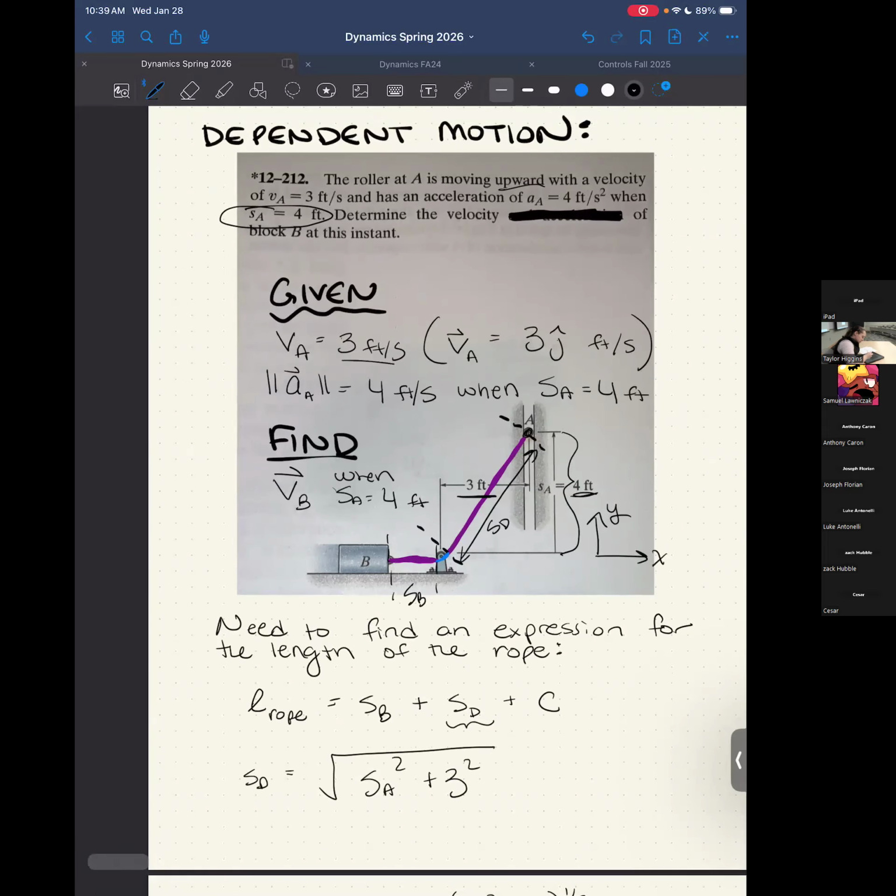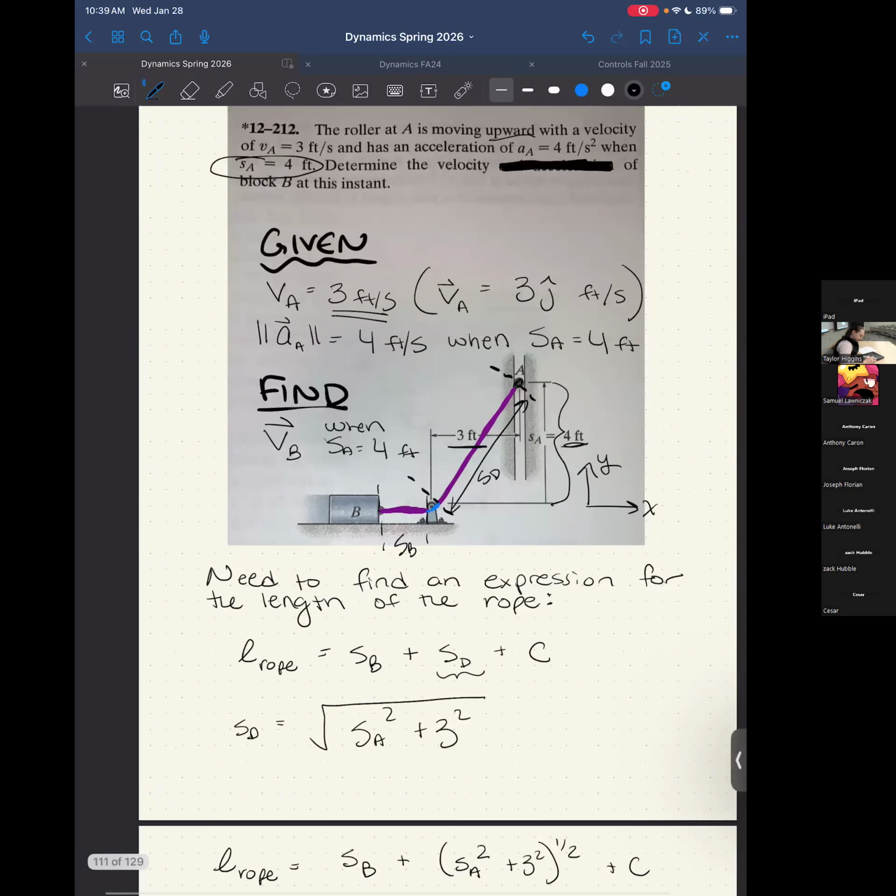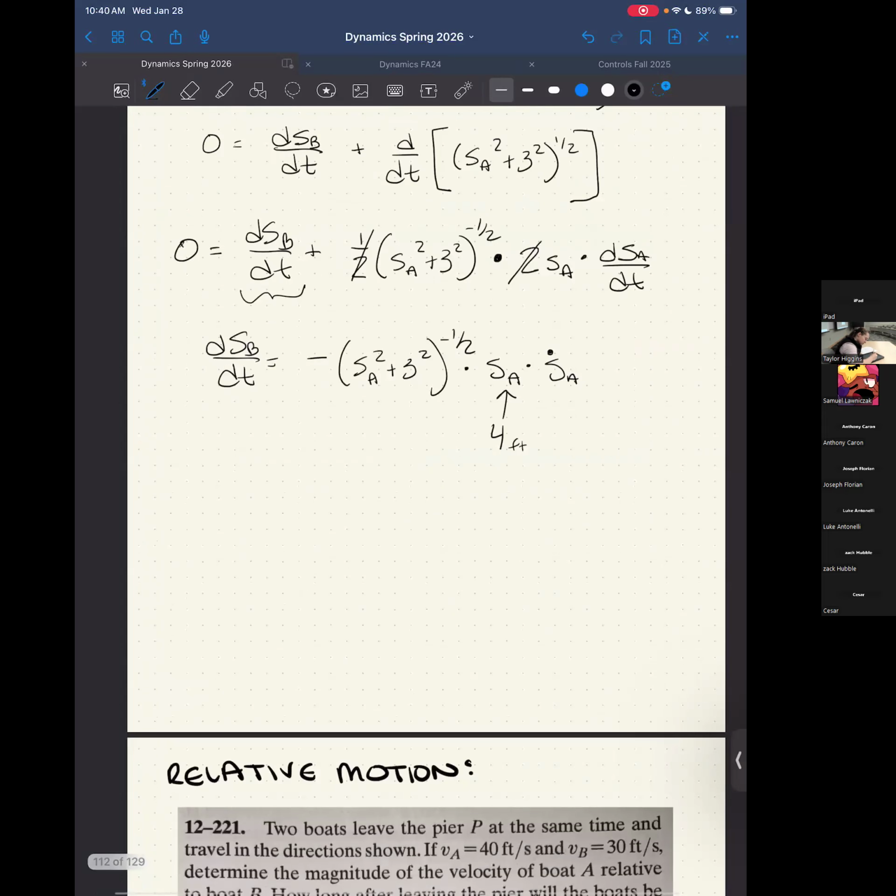Yep. It's 3 feet per second. This SA is also going to be 4. So I should get minus (4 squared plus 9) to the minus 1/2 times 4 times 3.